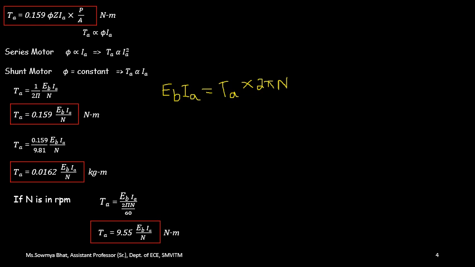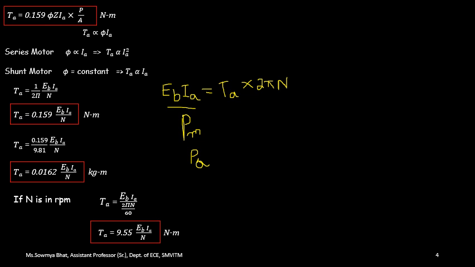So this EB into Ia is nothing but the armature power, I can call it PA, or I can call it the mechanical power, because in case of a DC motor you apply electrical power as the input and you obtain mechanical power as the output, which is developed in the armature part. So it is either PM, or sometimes it may also be designated as the armature power PA.